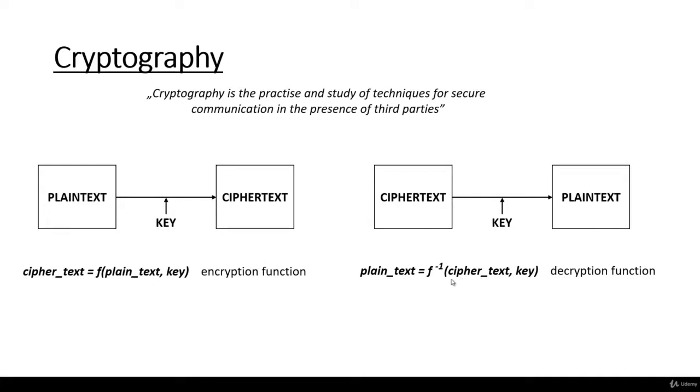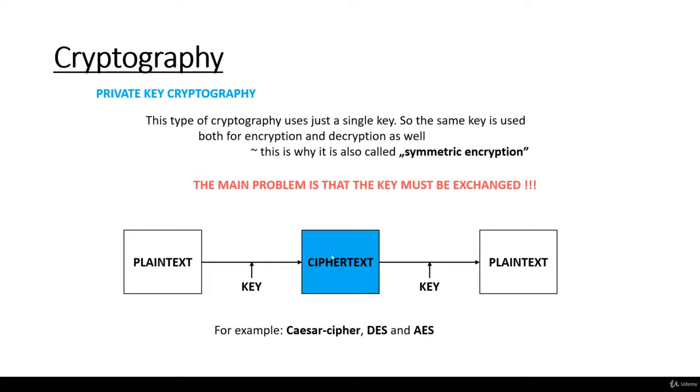It is going to take the ciphertext and the key and return the plain text. So it is going to transform the ciphertext into the plain text. What is extremely important is that these keys are the same. So we just have a single key both for encryption and decryption as well.